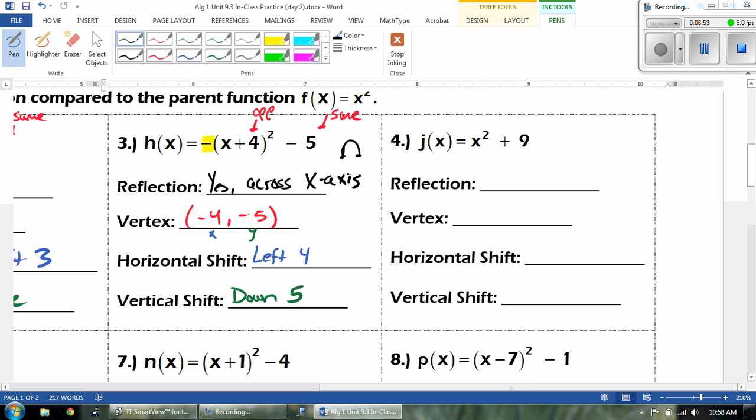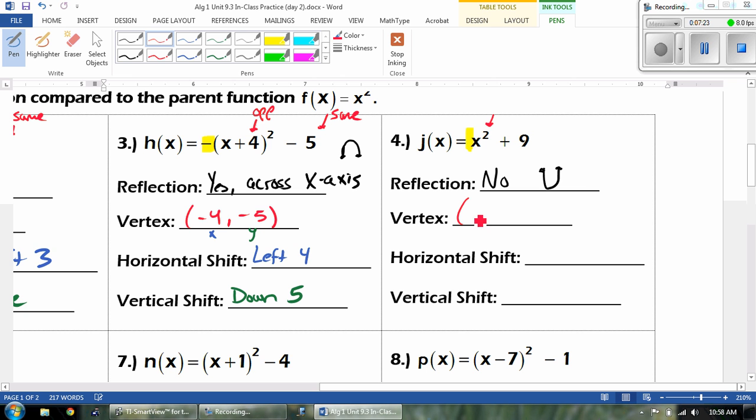All right, number 4. So first thing, I know it's weird because it's not in vertex form. Okay, and that'll show up in a second. Now, is there a reflection? Nope. That's how our graph's going to look. Now, you don't have to draw that picture. I'm just doing that for myself. Now, vertex. This is where I would be like, well, what's inside parentheses?